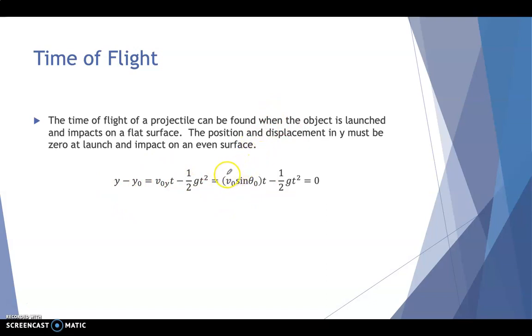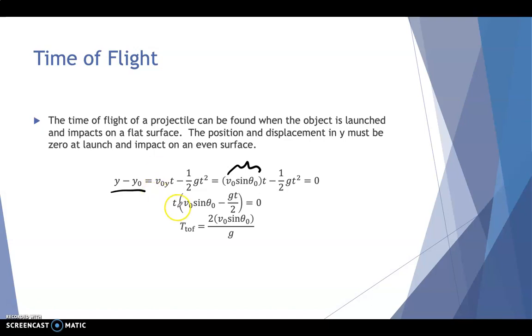We plug in the fact that v naught y is v naught sine theta naught, and we put that equal to 0, since the displacement must be equal to 0 in this case. We can solve for t. So t either equals 0 or it equals 2 v naught sine theta naught over g. So this is t, or time of flight.